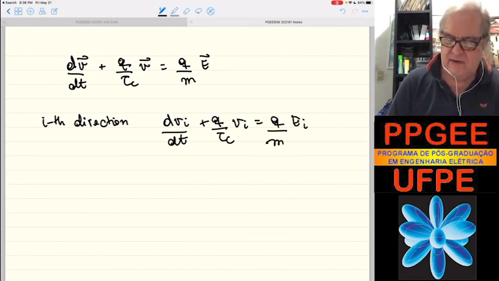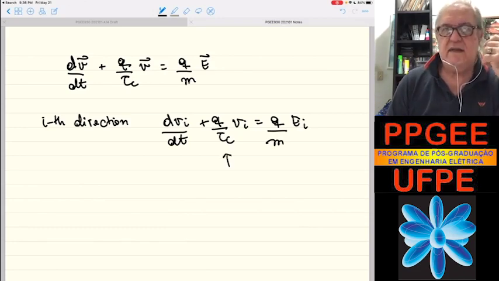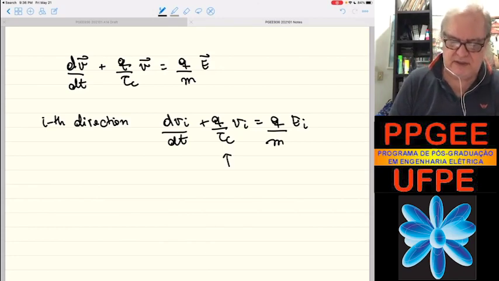Right? This is a well-known equation. There's a particular solution plus the homogeneous solution we just derived.